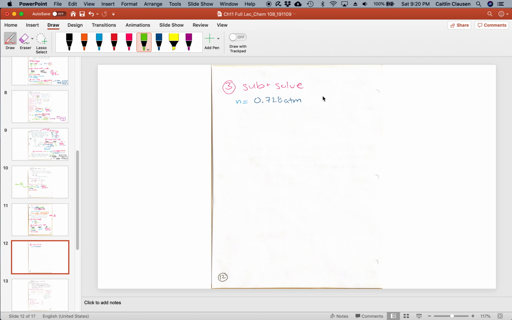We were given the volume without converting. It should be liters. We are always given the gas constant. And then we had to convert temperature to 298 Kelvin.